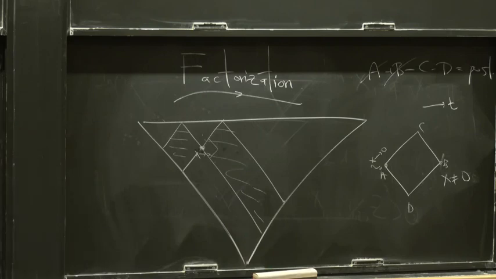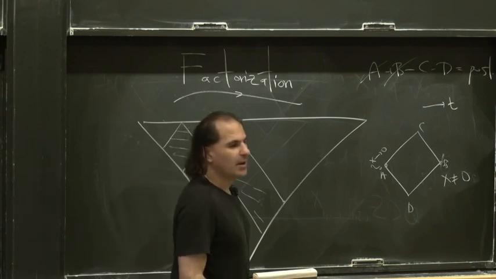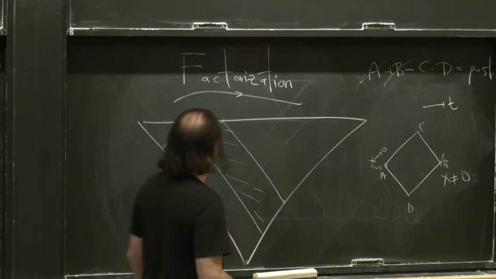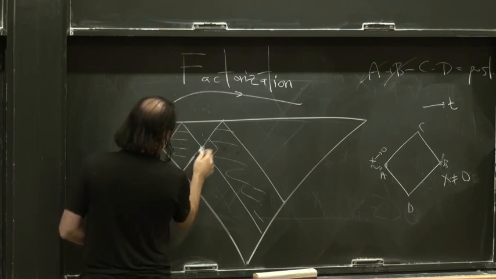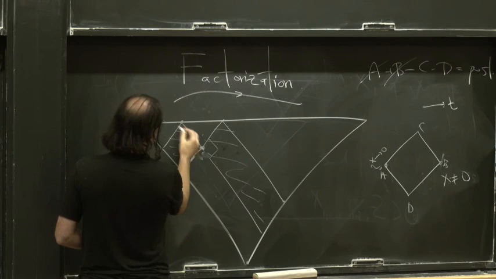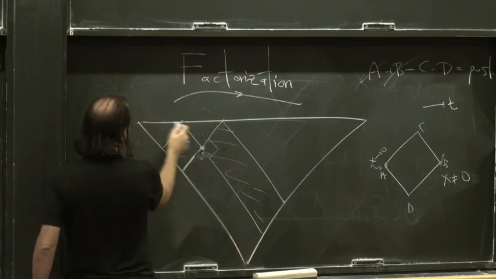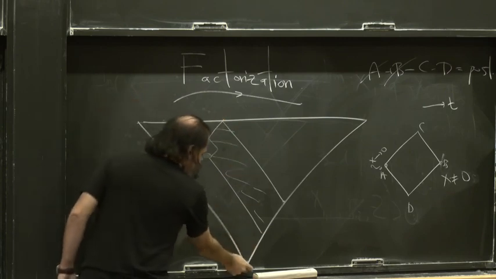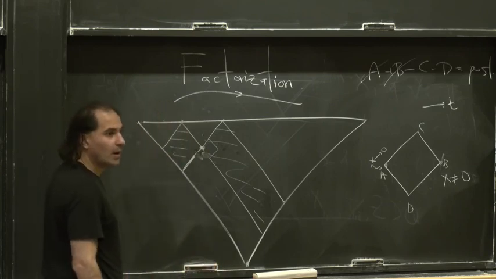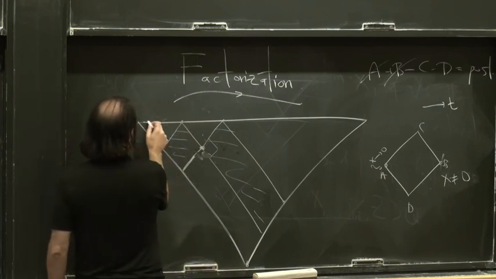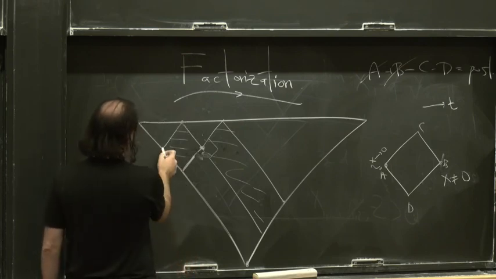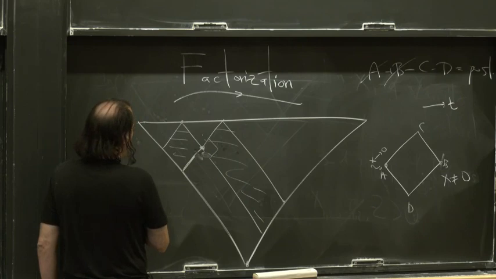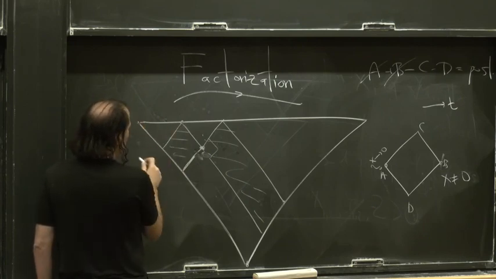But furthermore, I don't care about the, yes? Well, this is some charge density here. So x is 0 at the top, and x is 0 at the bottom. So the triangle that has two vertices over there, one is 0. Which triangle are you talking about? Like this one? The one next to it.